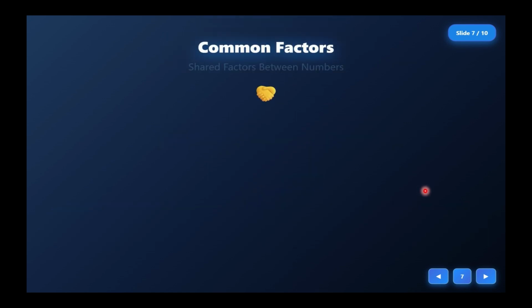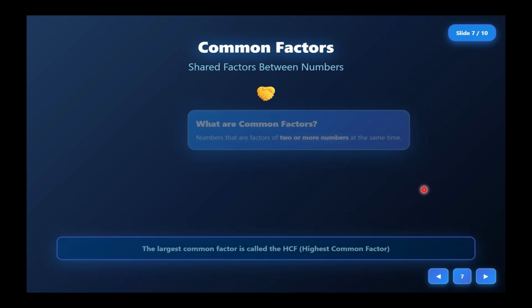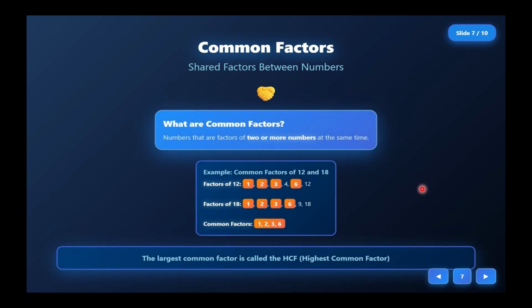Now, here is a concept that's super useful. Common factors. Common factors are the numbers that are factors of 2 or more numbers at the same time. Think of them as the factors that numbers have in common, like shared interest between friends. Let's look at 12 and 18. Factors of 12 are 1, 2, 3, 4, 6 and 12. And factors of 18 are 1, 2, 3, 6, 9 and 18.